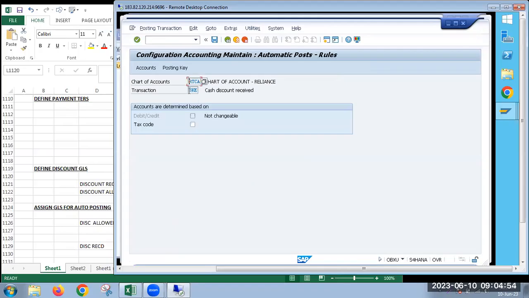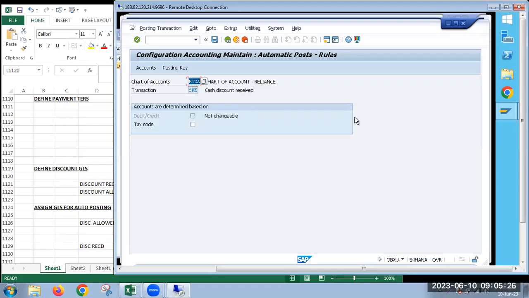See, here for the determinations we use the concept of transaction keys. The system will identify the GL account using the transaction keys. Say SKE is the transaction key to identify the discount received. So any GL account we specify to transaction SKE from chart of account RTCA will be taken for the transaction.